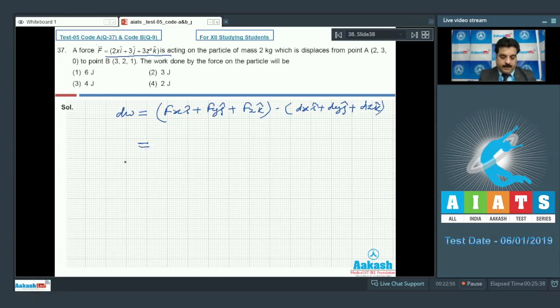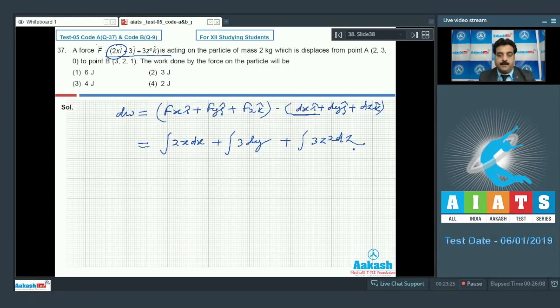So Fx, the x component of the force along the x-axis, is 2x i. When you take the dot product, i dot i is equal to 1. So you will get 2x dx, similarly 3 dy plus 3z² dz.